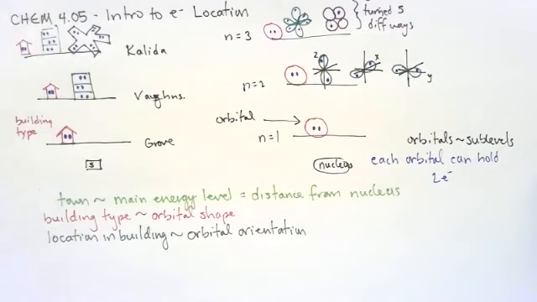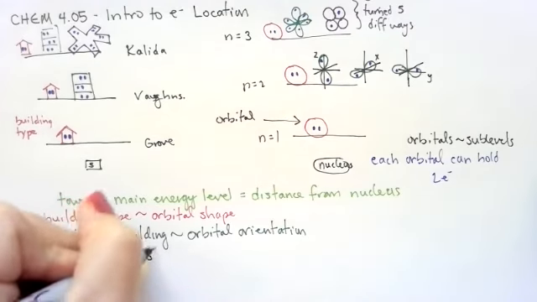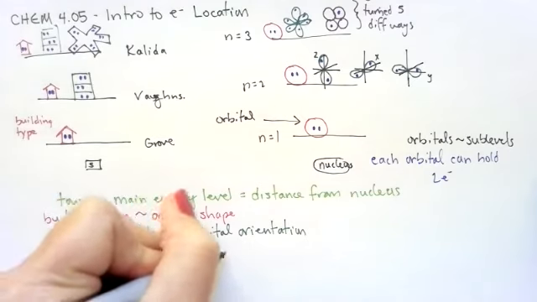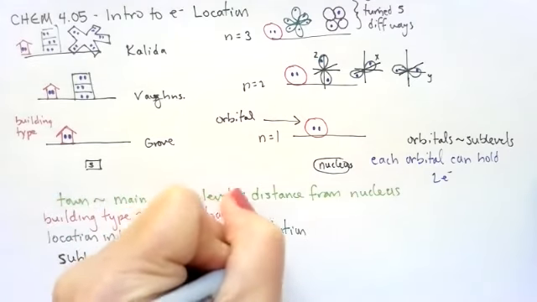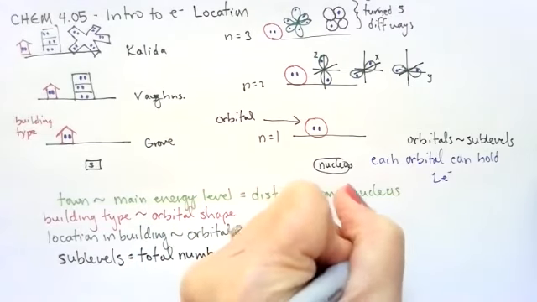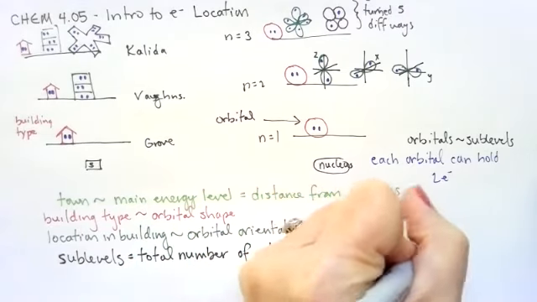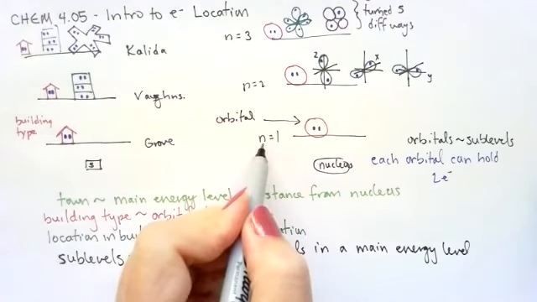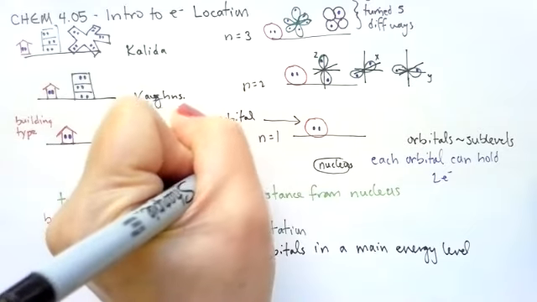The sublevels, so another term that we should define, are sublevels. Those are the total number of orbitals in a main energy level. So here at n equals 1, I have one sublevel.